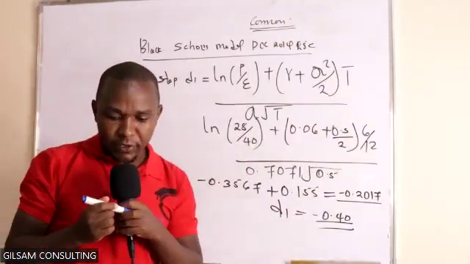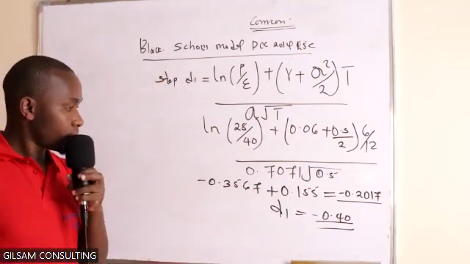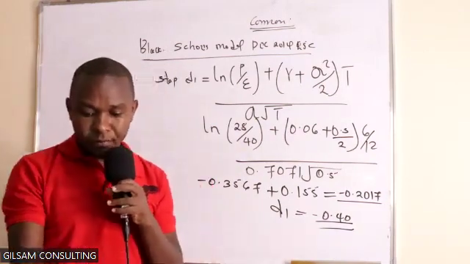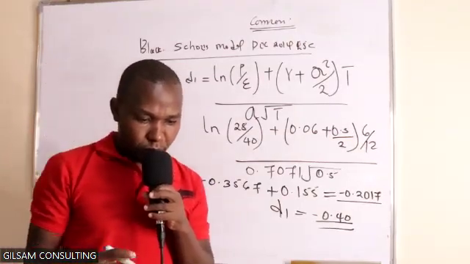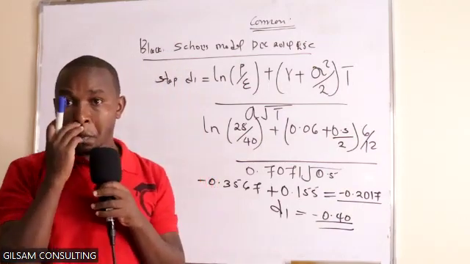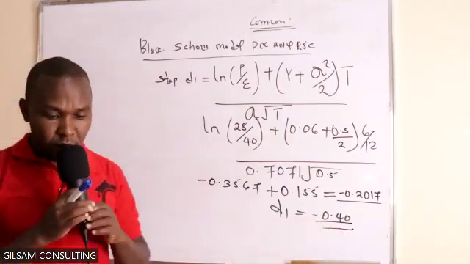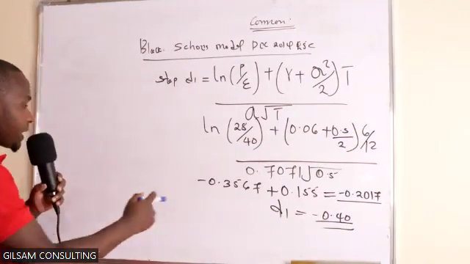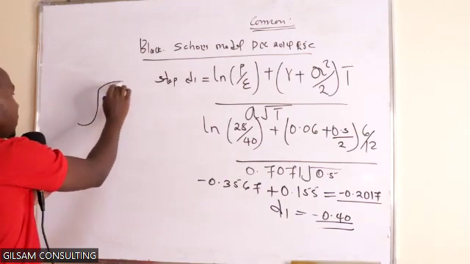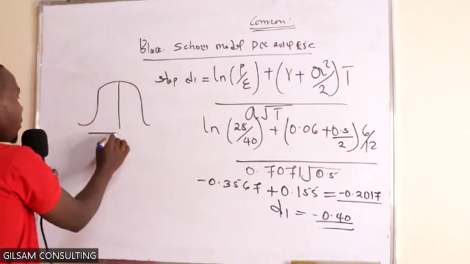It shows negative. If you're using the normal distribution table, remember we have direction.